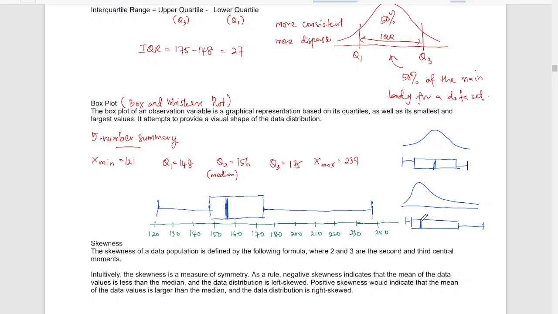The median in the box will be closer to the left side, to Q1, and the length of the right whisker is longer than the left whisker.